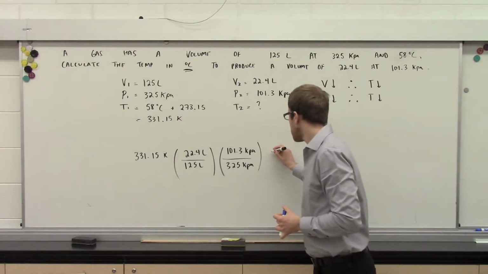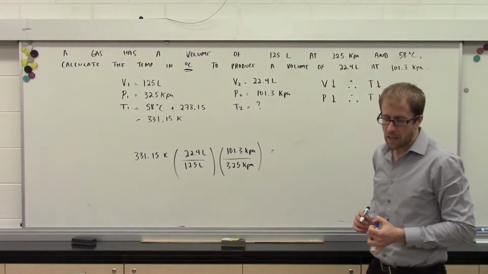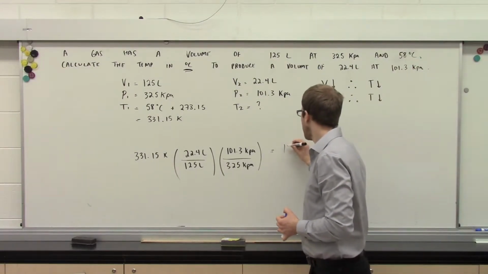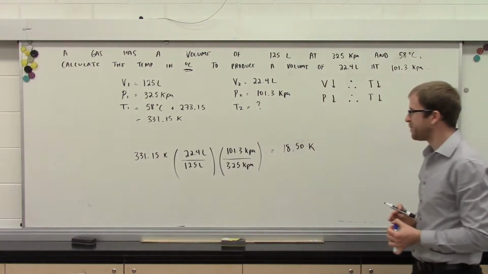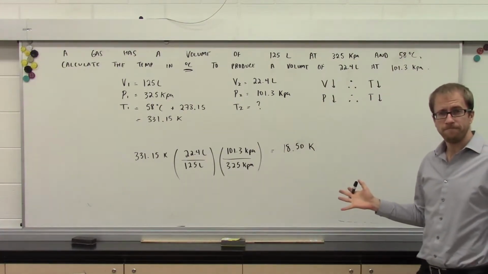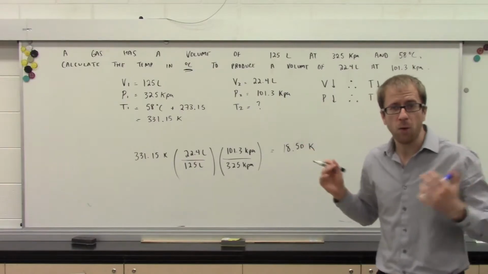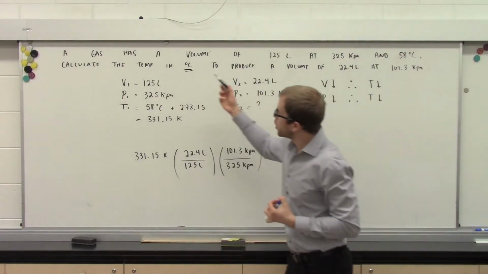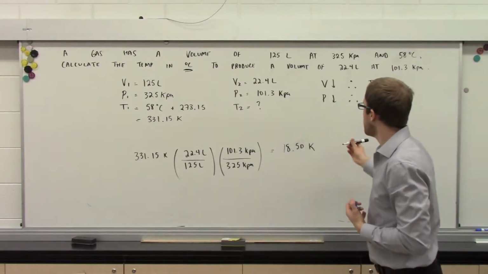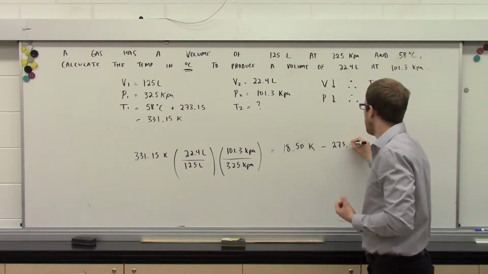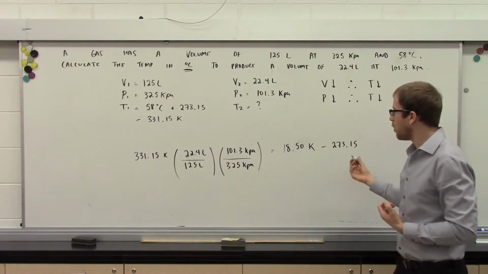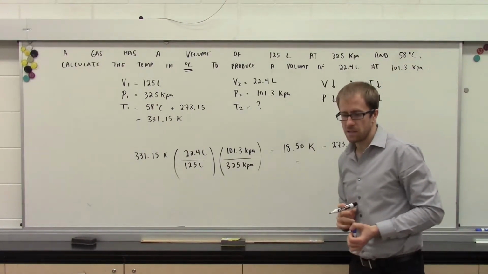Now, what does this give us? This gives us 18.50 Kelvin. Are we done? No, right? The question is asking us for degrees Celsius. So we must subtract 273.15 in order to get our answer in degrees Celsius.